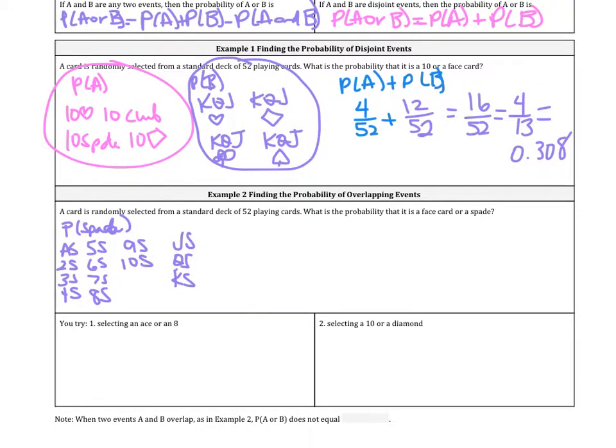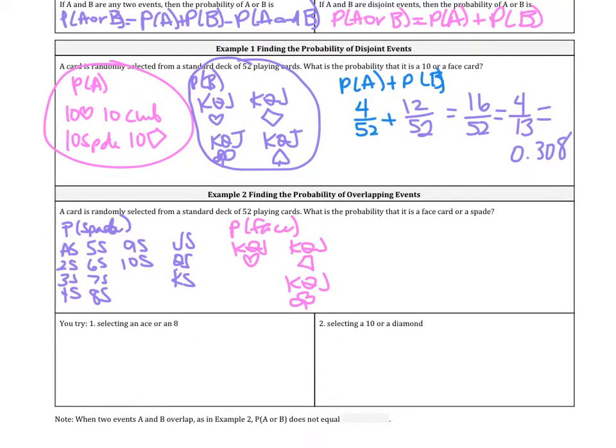Then it says the probability that it is a face card. We're looking at our example up here at the top, so we have kind of the same things. The probability of a face card is king, queen, jack of hearts, king, queen, jack of diamonds, king, queen, jack of clubs.